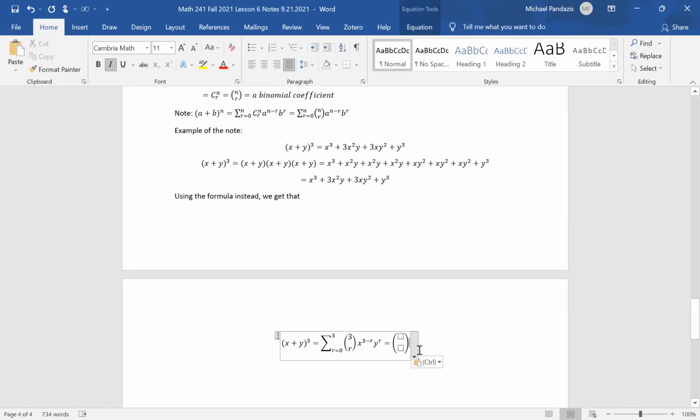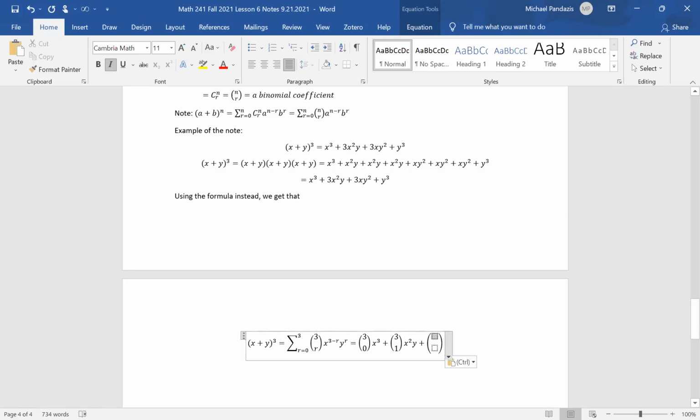So when r is 0, you get 3C0 times x cubed times y to the 0, which is 1. Then plus, when r is 1, you get 3C1 times x squared times y to the first, which is y.